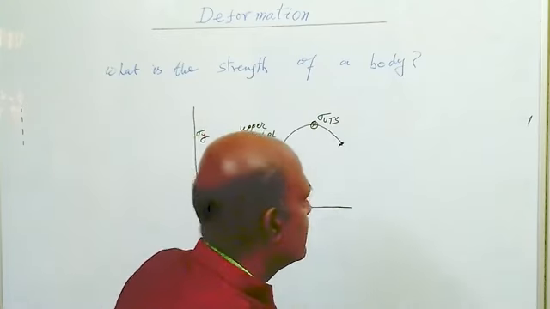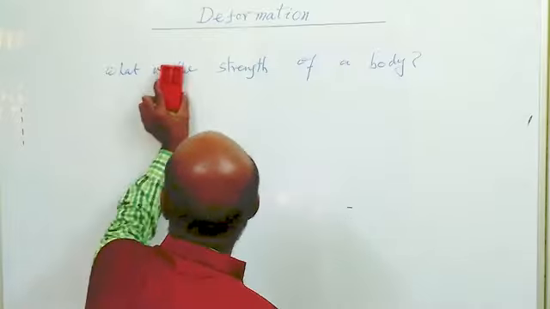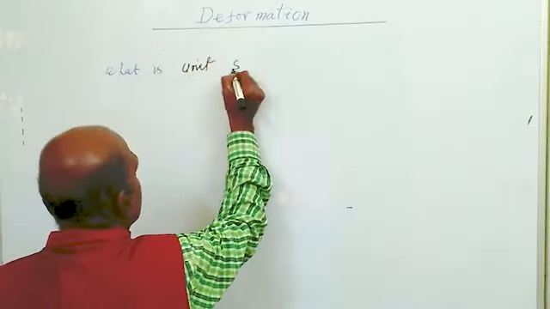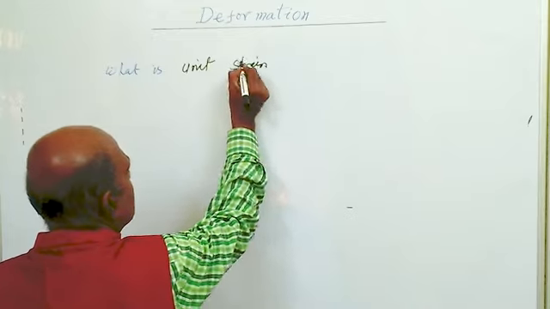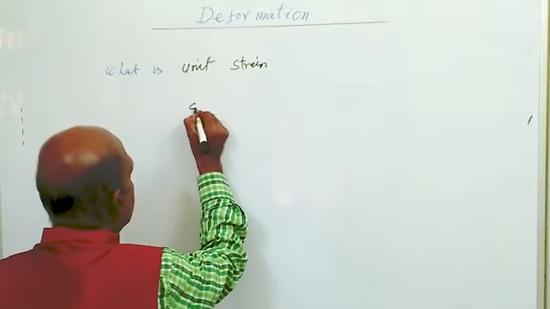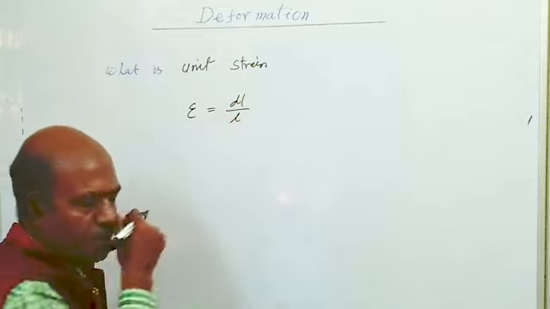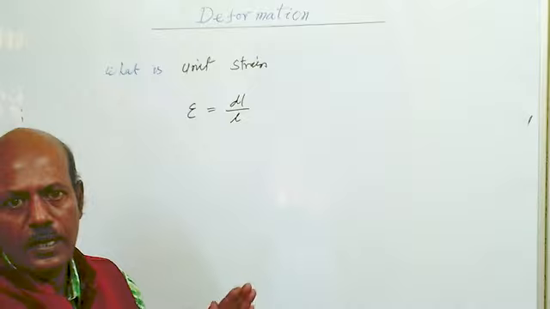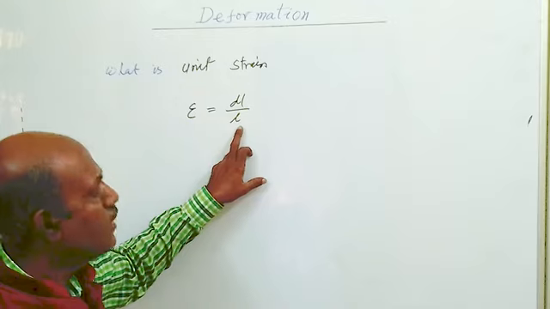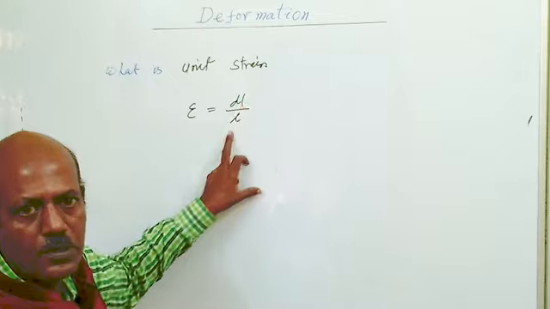Okay, next question we will see, that is, what is unit strain? We know the definition of strain: strain is denoted by epsilon, equal to dl by L. dl is the deformation produced in the body for a length of L. As per definition, it is the deformation produced per unit length of the body.